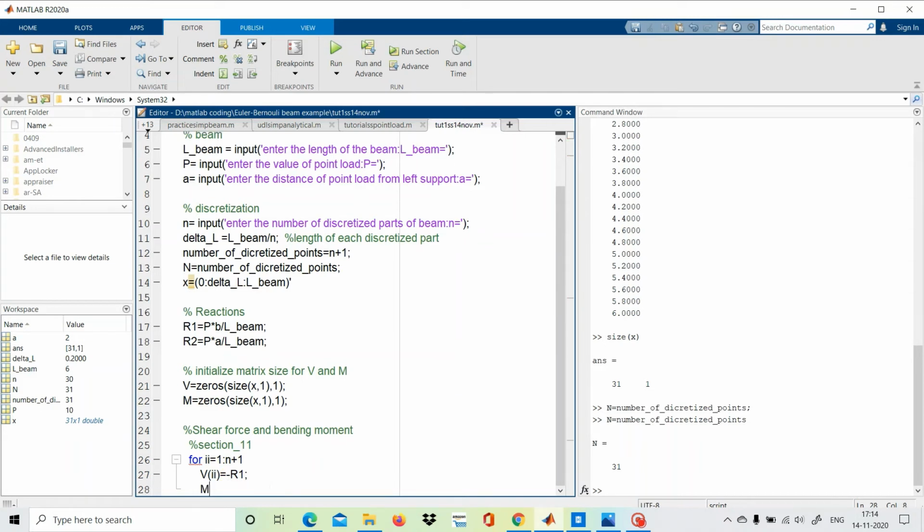Then M of ii: what would be the bending moment for this section 1? That was R1 multiplied by X of ii. Why is it X of ii? Because X is also varying. So for M1, X would have the first value from that vector. Then for the second value, M2, it will go corresponding to R1 times the second value X2. In this manner, it will find the bending moment.